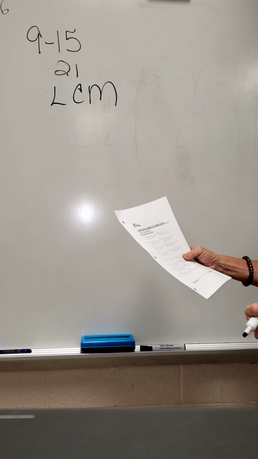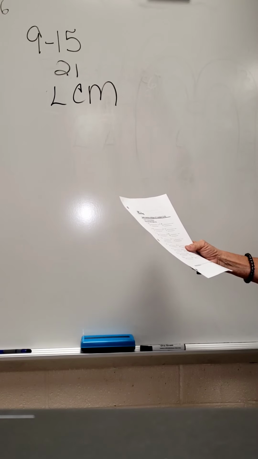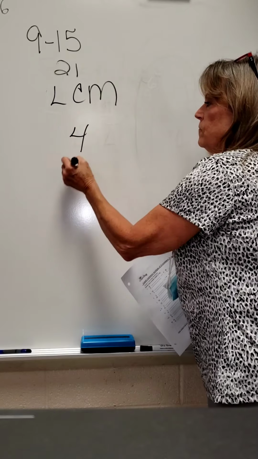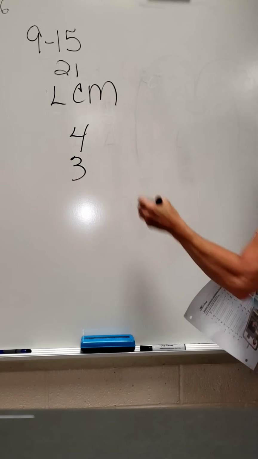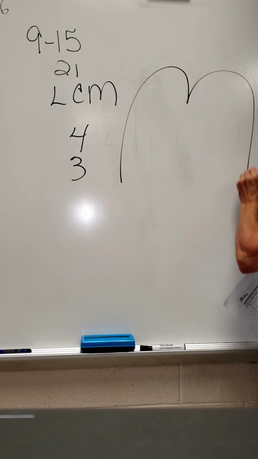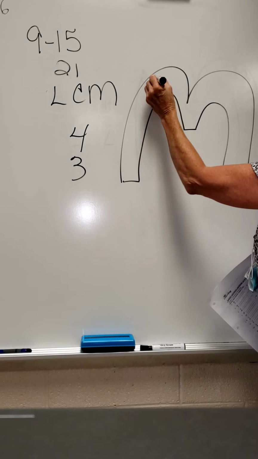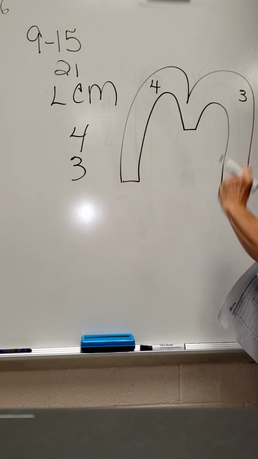All right, the next number we're going to do is, let's try one that you can't see off the hand. Okay, this is number 4. Number 4, we have a 4 and we have a 3. We're going to do the multiplication facts.